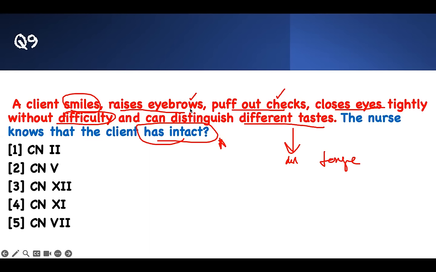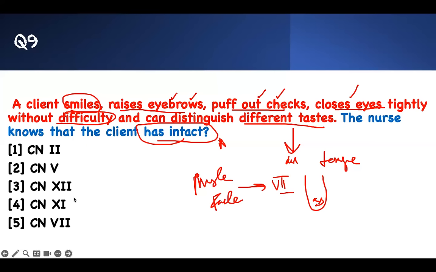Look at the whole totality. Eyebrow, I'm moving my face. I'm puffing my cheek, moving my face, closing my eyes tightly so that you can't even open them, moving my face. That is all the muscles of your face moving. And the nerve involved in muscles of the face is the facial nerve. It also controls taste, so most of your taste buds are served by that. Therefore, which nerve is intact?